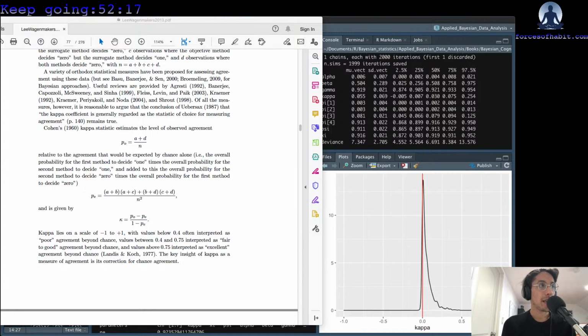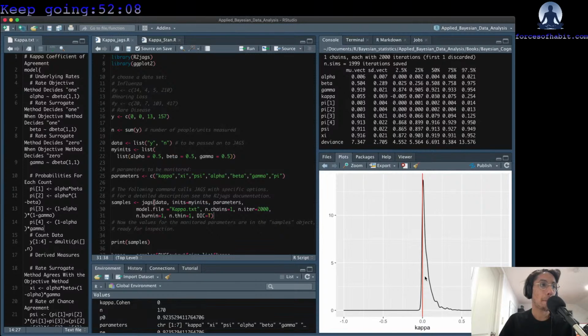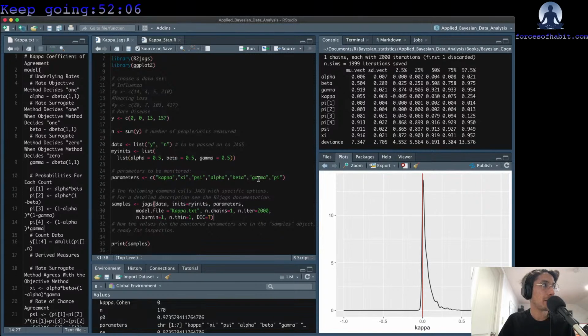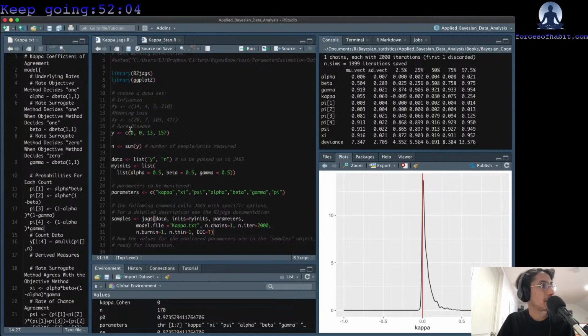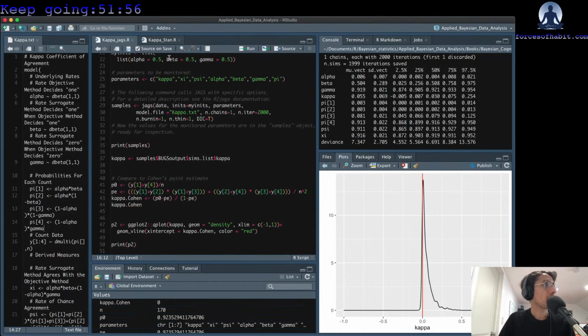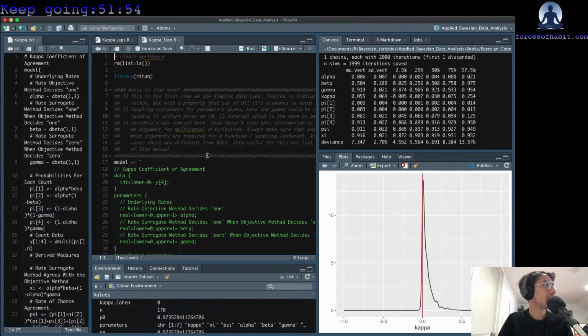So here we have an attractive property of using a Bayesian approach because we're able to still get an estimate of Kappa, a posterior distribution for Kappa, even when we didn't observe any values here. So let's go take a look at the Stan code then.